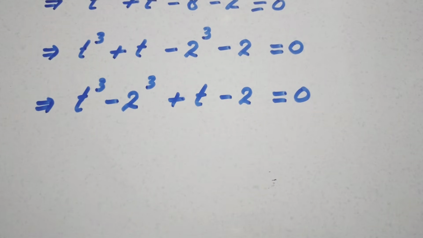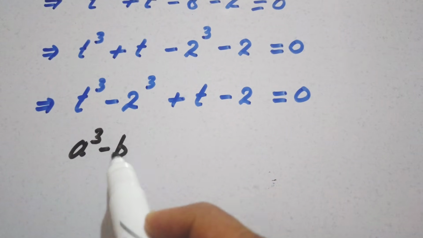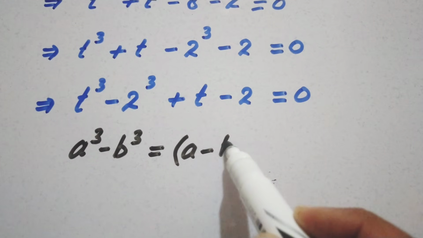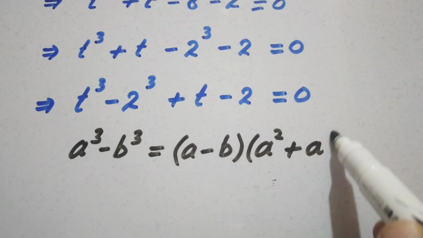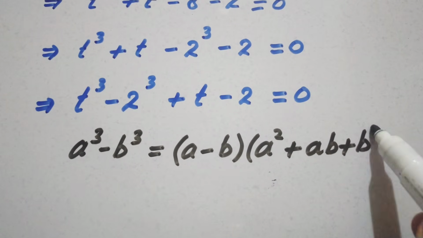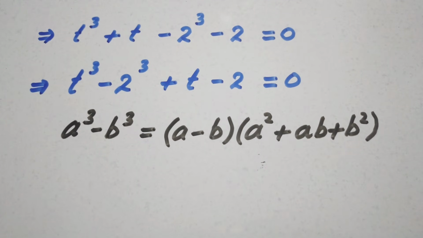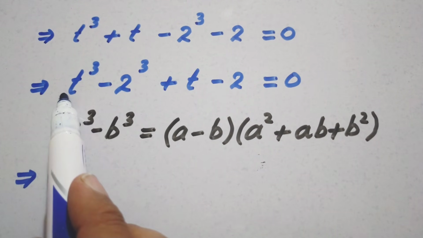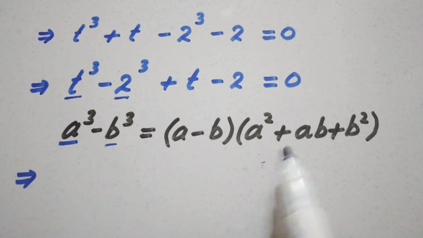Now by using an algebraic identity, a cube minus b cube, which is equal to a minus b into a squared plus ab plus b squared. Now here in the place of a, we have t and b is 2.